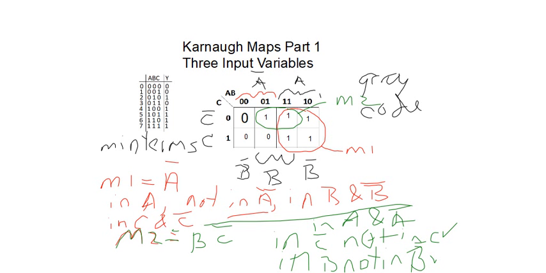So since I only had two min terms, each min term is going to be the product, or the AND, of the letters that make it up. And then we take all the min terms, however many we have. In this case, we had two. Sometimes we might have 3, 4, or 5. But my Y output's going to be the sum of the min terms, or the OR of the min terms.